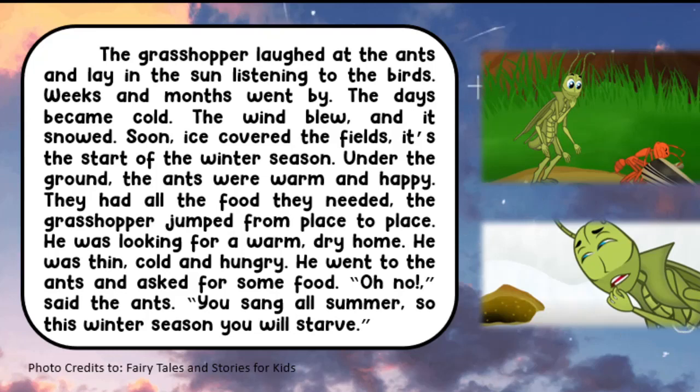They had all the food they needed. The grasshopper jumped from place to place. He was looking for a warm, dry home. He was thin, cold, and hungry. He went to the ants and asked for some food. "Oh no," said the ants. "You sang all summer. So this winter season, you will starve."